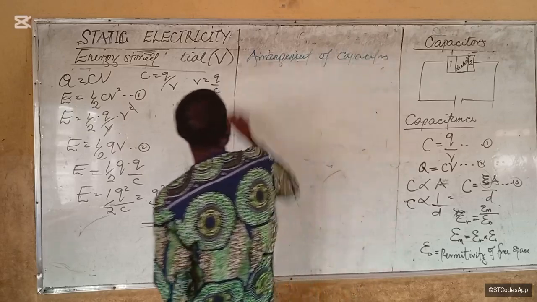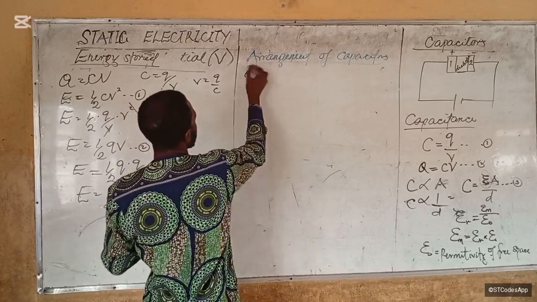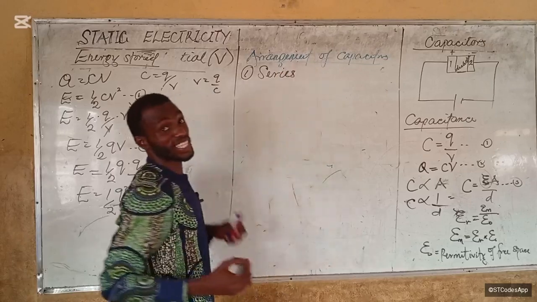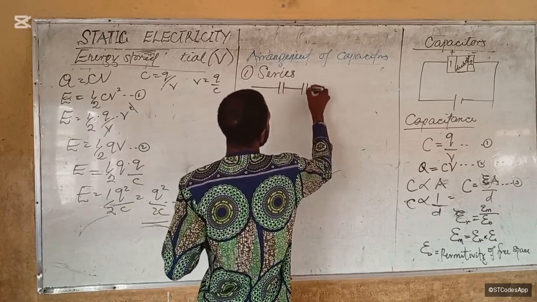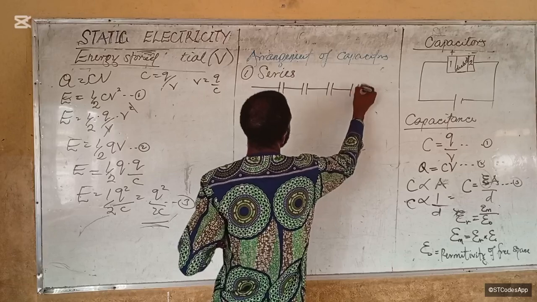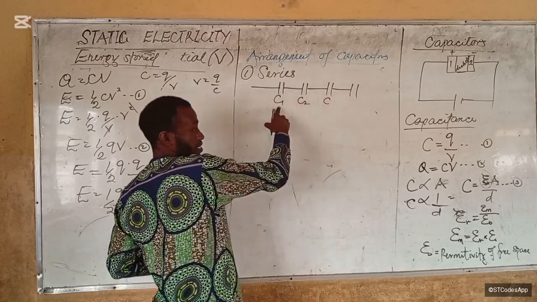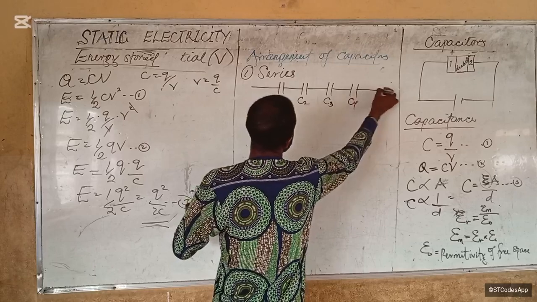So if you arrange capacitors in series, what do you have? The first method is the series arrangement. If you arrange capacitors in series, this is how we arrange in series, like this, like this. So this will be capacitor 1 with capacitance C1, capacitor 2 with capacitance C2, C3, C4, like that.